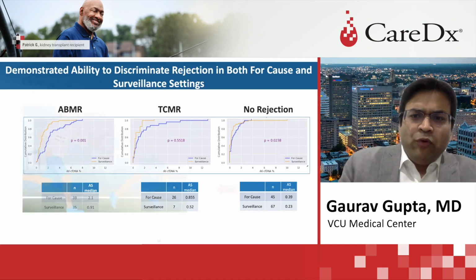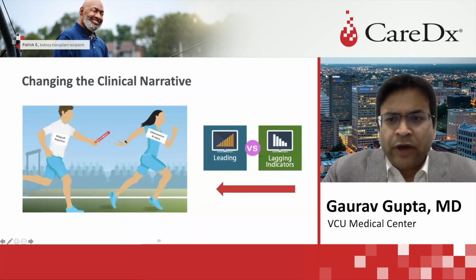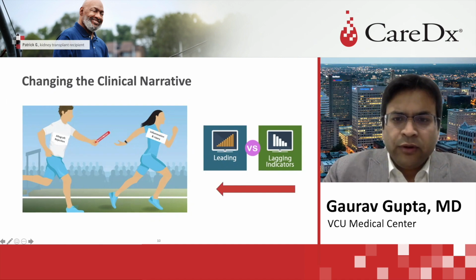So I want to now move away from a discussion about cfDNA as a diagnostic test for rejection and start thinking about it as a marker of injury, and then share some data with you about how we can support that association.